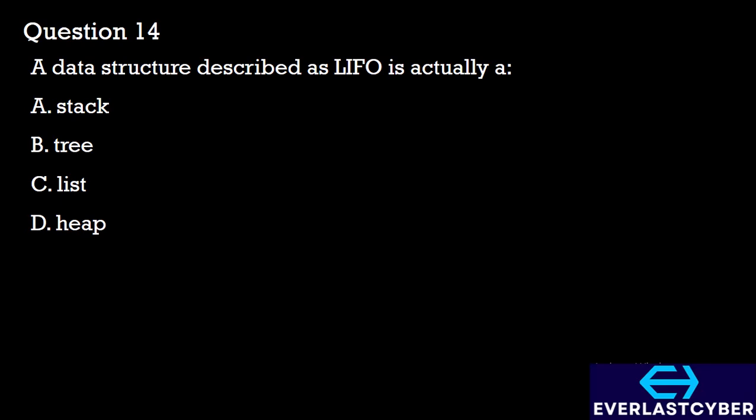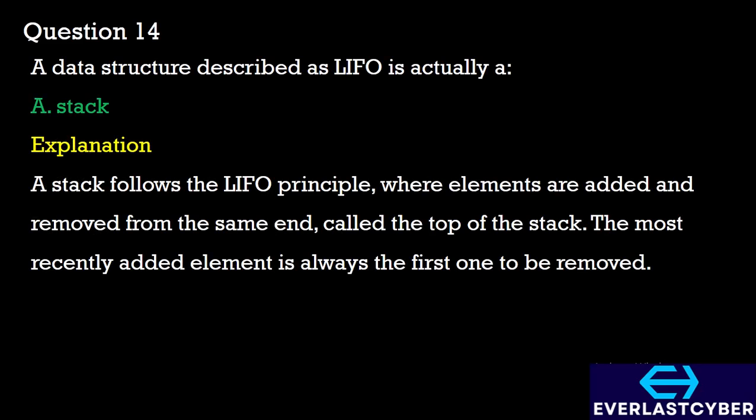A heap is a specialized tree-based data structure that is used for implementing priority queues where elements are ordered based on a specific criterion like minimum or maximum value, but it does not follow the last in, first out principle. So from the options we have, the data structure that describes the last in, first out principle is option A, a stack. So the elements that are added last are usually the first ones to be removed.